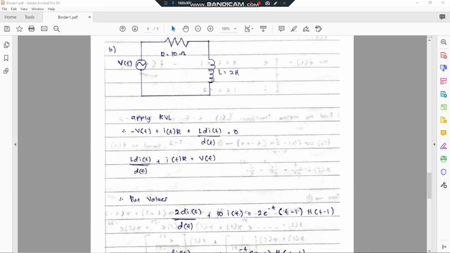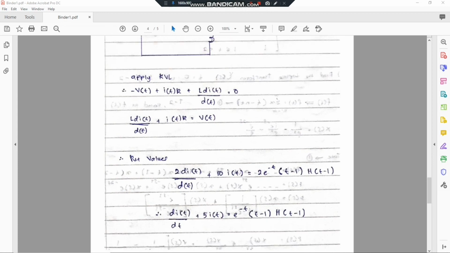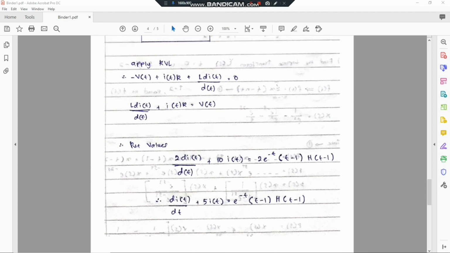For the manual calculation, I use Kirchhoff's voltage law: negative V(t) plus i(t)R plus L di/dt equals 0, so L di/dt plus i(t)R equals V(t). Then I put in the values: 2 di/dt plus 10 i(t) equals 2e^(-t) times Heaviside (t minus 1).